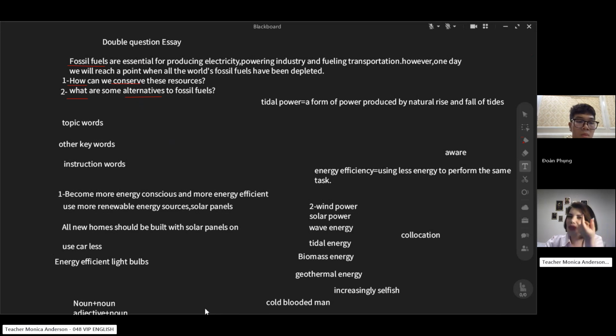Do your bit means do a small thing. To use more energy efficient means of transport. Means means form. So this is my topic sentence.